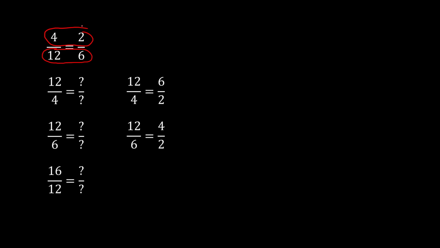And then lastly, we have 16/12 equals something over something. This one is using the third property, which is not quite as intuitive. But notice that we are taking this first fraction, the 4/12, and we are adding a 12 to the numerator.